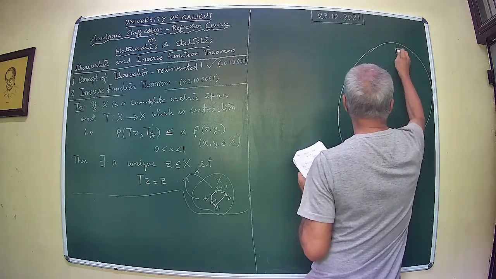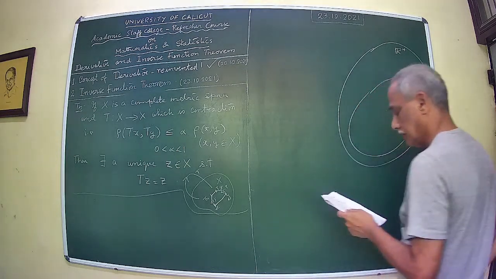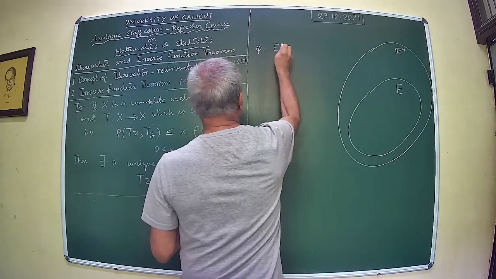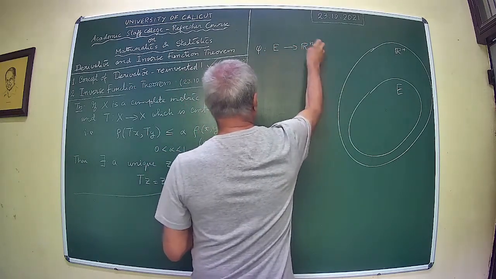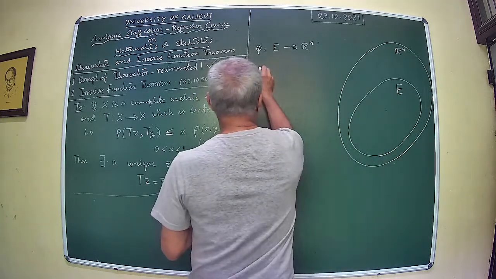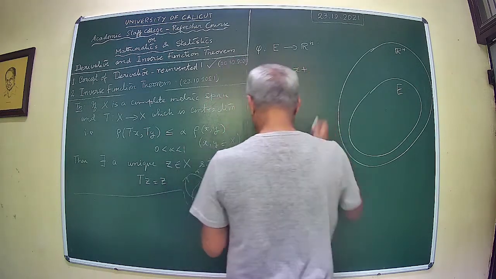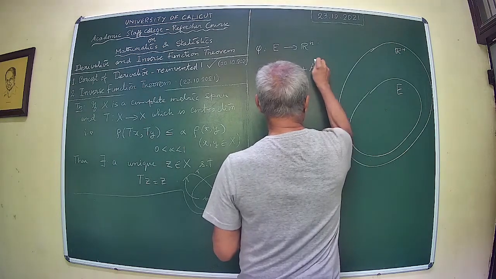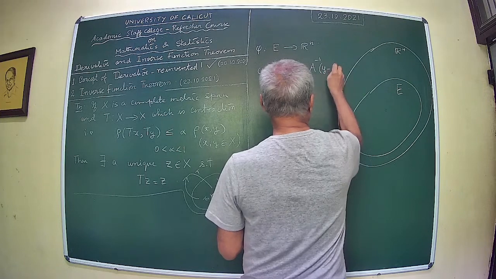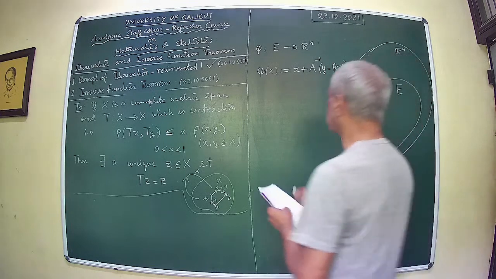So you take, see, you have this is Rn and E is this, okay. Now you define a map phi as follows. What is it? The map is this. Phi of x is defined as x plus A inverse times (y minus f of x). A is invertible.